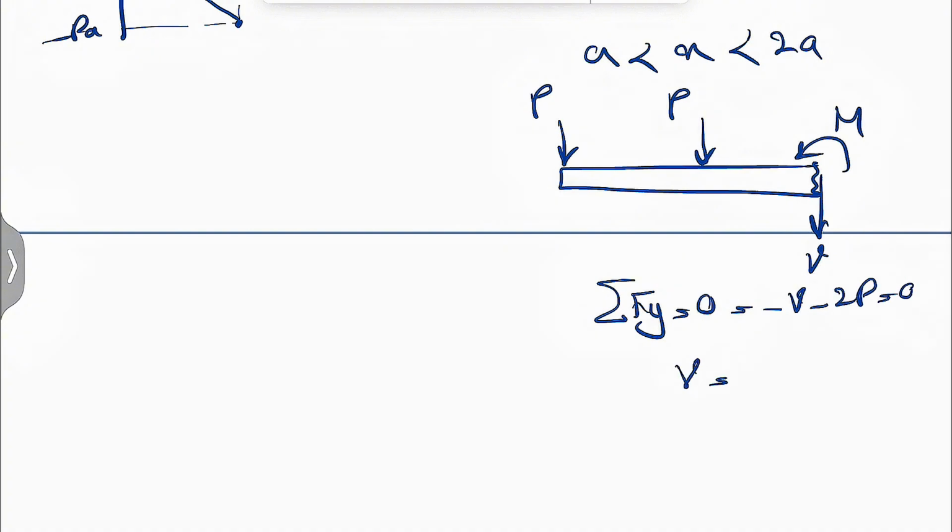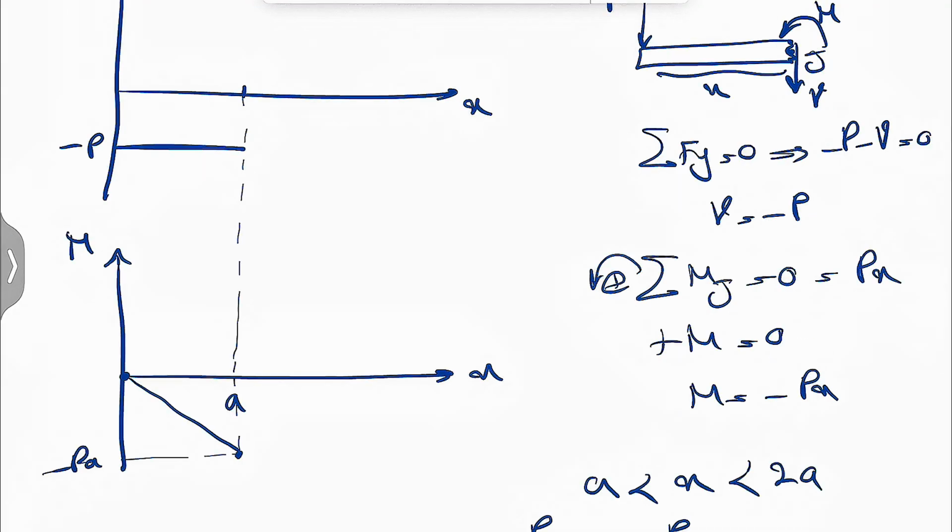Again, V is going to be negative 2P. So we're going to go again, this time to negative P, moving from a to 2a. So this was a, this is 2a. Same in here, so we're going to get something like this, negative 2P.